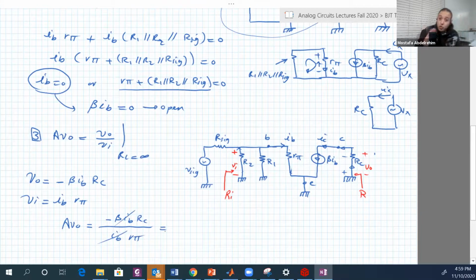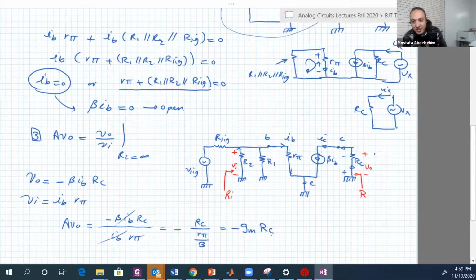Remember, we should always omit IB or V pi if you are using GM V pi. So this will give you minus RC over R pi over beta, which is 1 over GM. So this one is minus GM RC, exactly the same as the very first one that we solved with no RE.